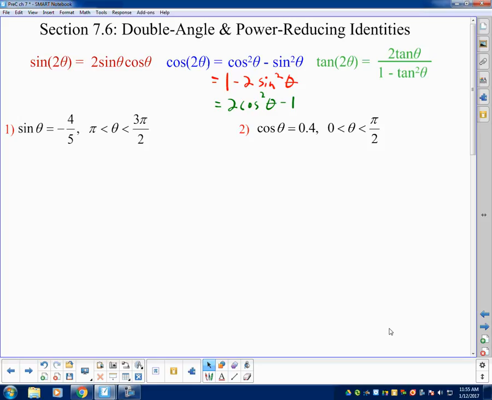Way back before calculators, that was the same story in the other lesson, they would use this to find exact values of something like maybe sine of 15 degrees, where you could double 15 degrees, you get 30 degrees.